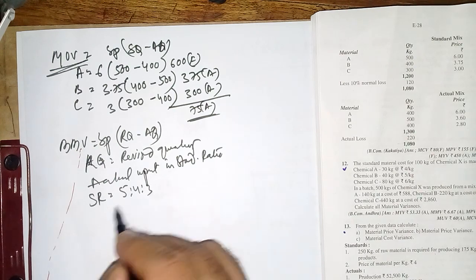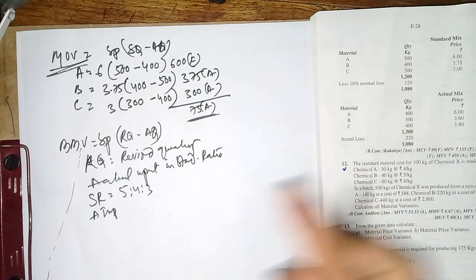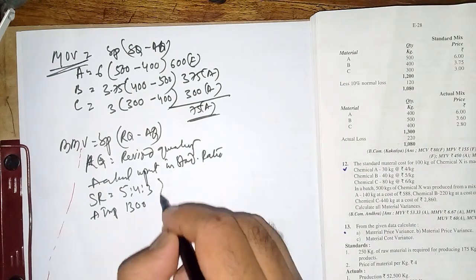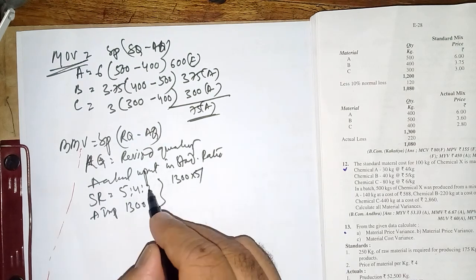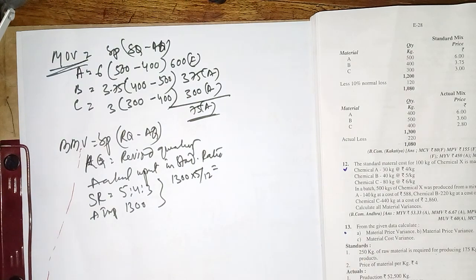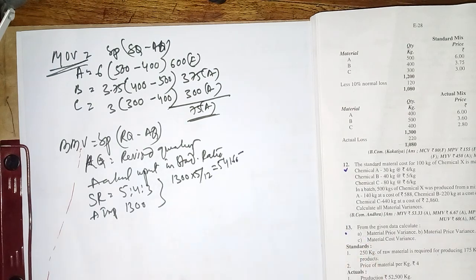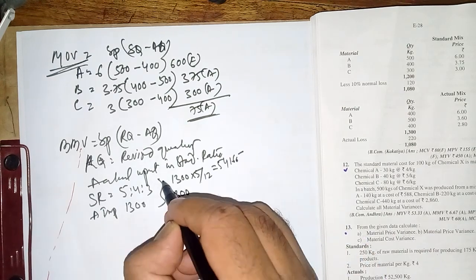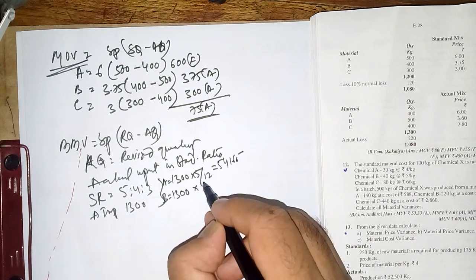Then actual input is 1300, actually we have incorporated. So divide this 1300 in the ratio 5 by, 5 plus 4 plus 3 is 12. So 1300 into 5 divided by 12 is equal to 541.66 bar. Then B is equal to 1300 into 4 by 12.